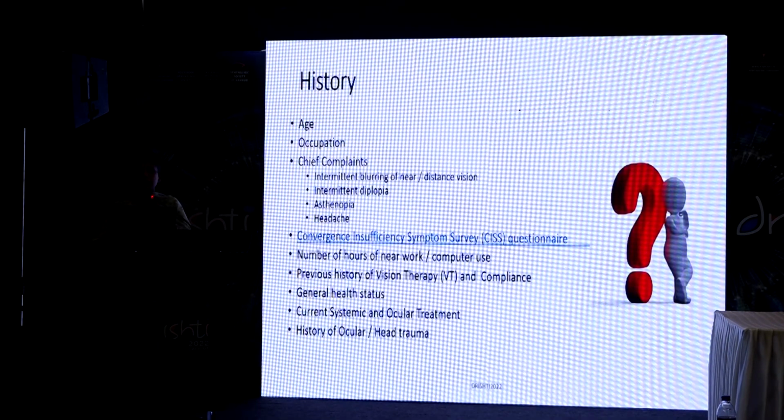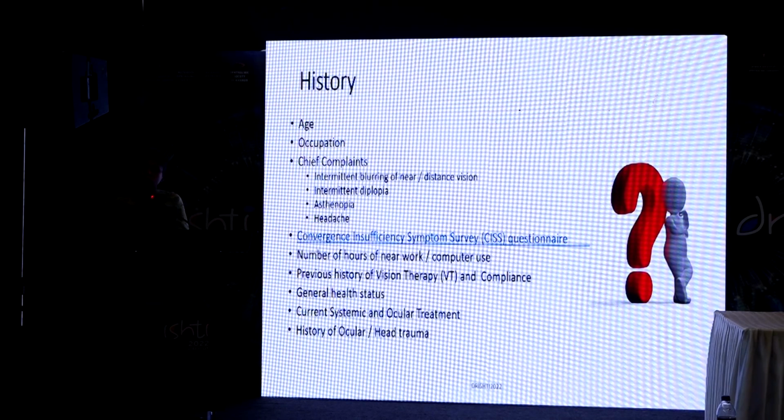So history. History is definitely the most important aspect because we are gathering the most information and we are having the most conversation with the patient, the child, as well as the parents if it's a young patient. So age and occupation are very important, and what are the chief complaints? Mostly you will encounter problems like intermittent blurring of vision for near or distance or both, intermittent diplopia, then asthenopia and headache.